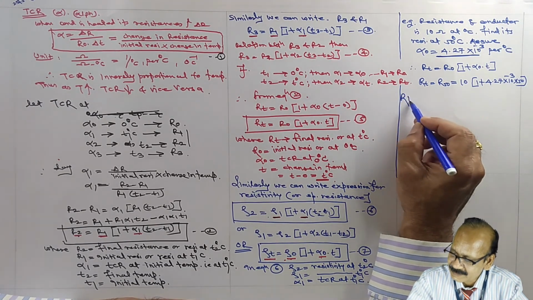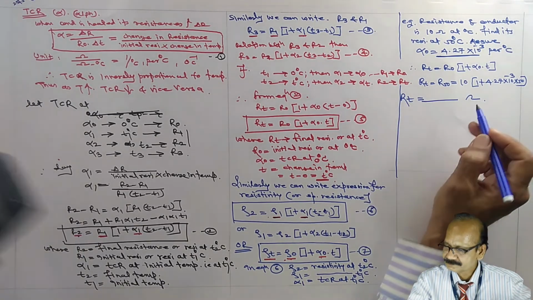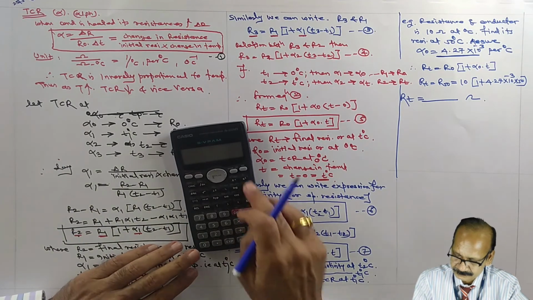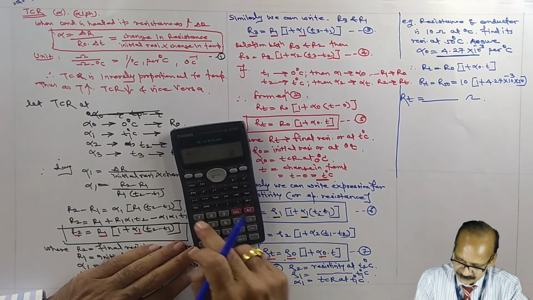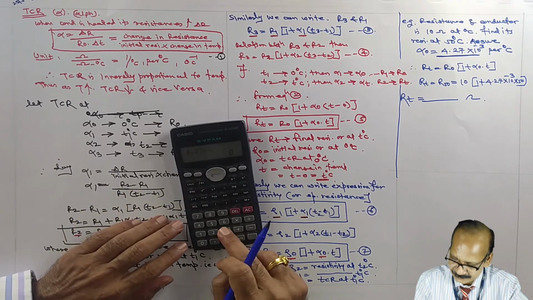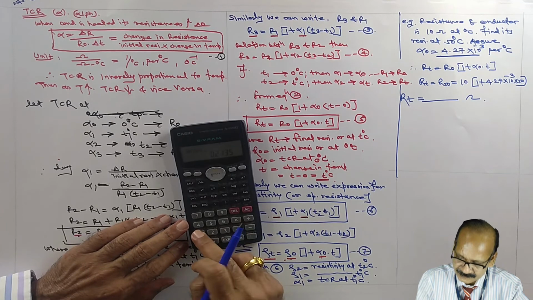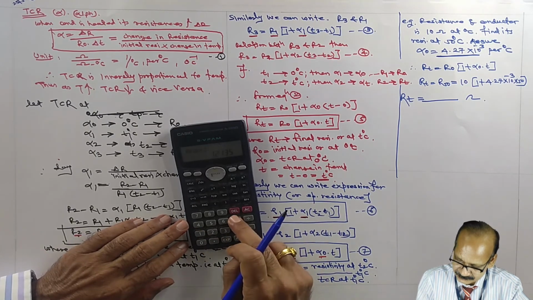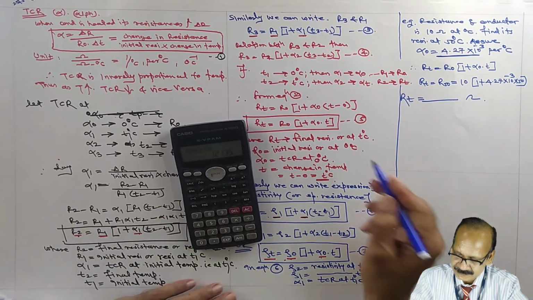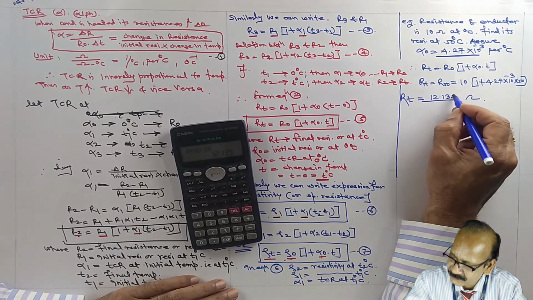So RT equals 10 into, 4.27 exponent minus 3 multiplied by 50 plus 1, which is 12.135 ohm.